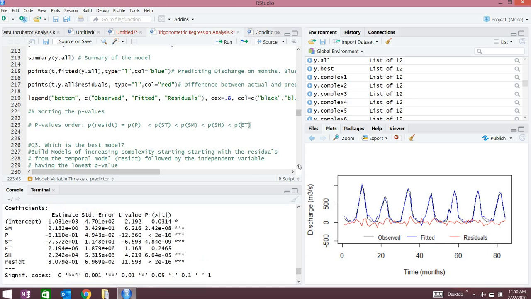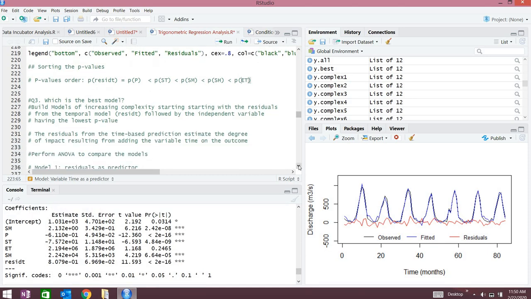Now, how to find the best model? Which one is best? For this, you have to build models of increasing complexity, starting with the residuals from the time-based model, and then add the independent variables starting from the one that has the lowest p-value. So here it means that our first model would be based on residual.